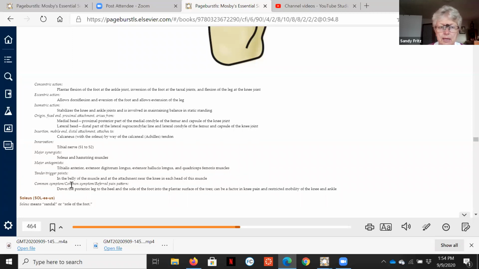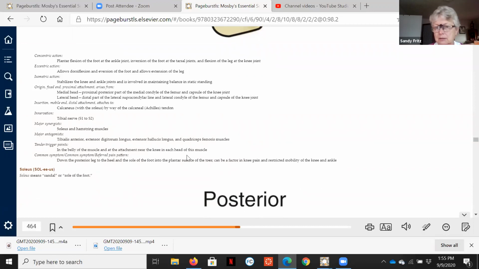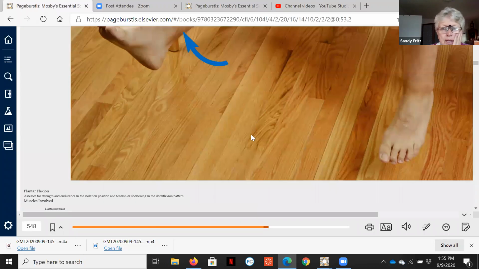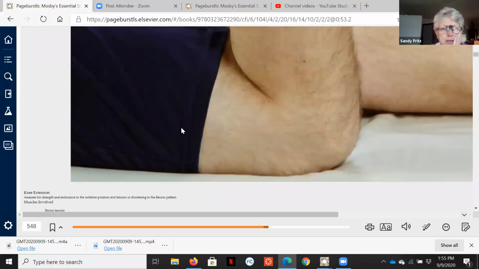And then here is where you would find the common tender points and common symptoms down the posterior leg to the heel, into the foot, and can be a factor in knee pain. And that's often forgotten. So let's go back now and look at our movement here.